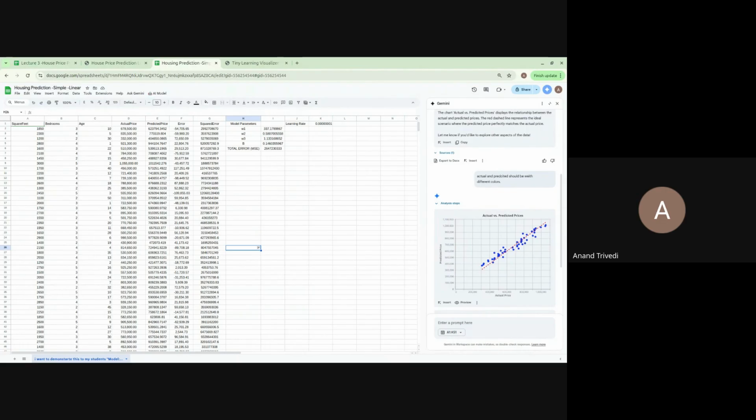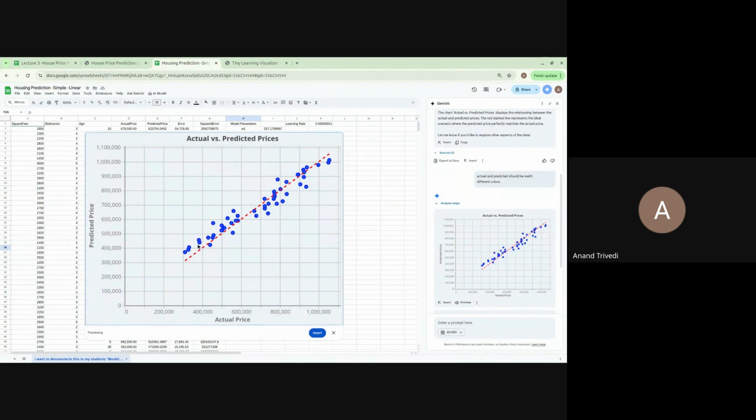And as we go ahead and increase the number of parameters, we start seeing that even complex relationships it is able to learn. Now this relationship may not be linear. In this case, obviously this is linear, because there is bedroom, there is age, there is actual price.